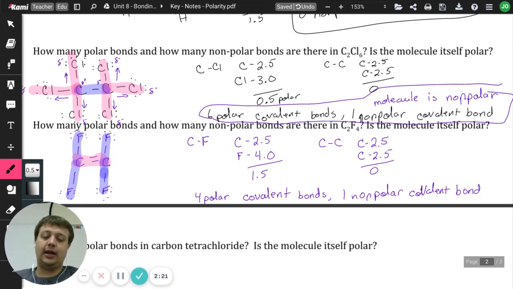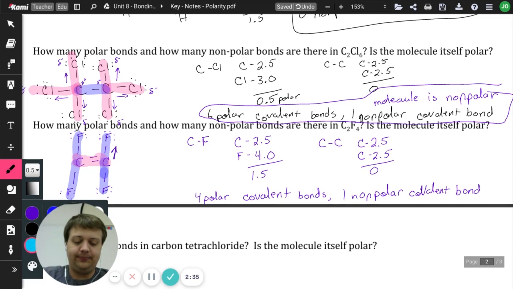And then let's take a look at our molecule itself. So we know that the carbon to fluorine bonds are polar. So those electrons are going to move towards fluorine because fluorine has a higher electronegativity.